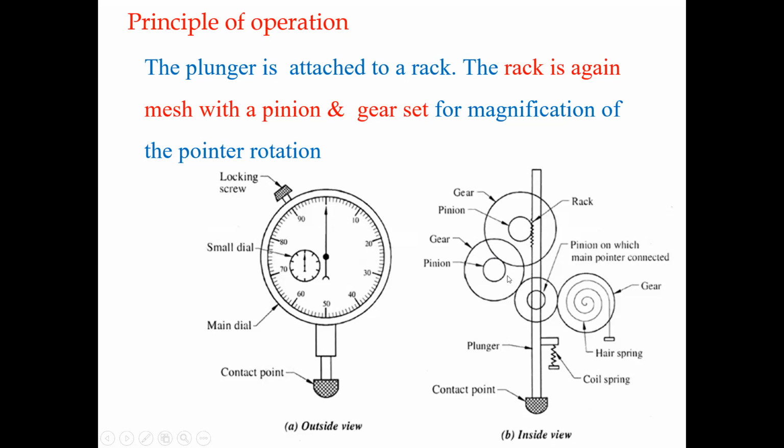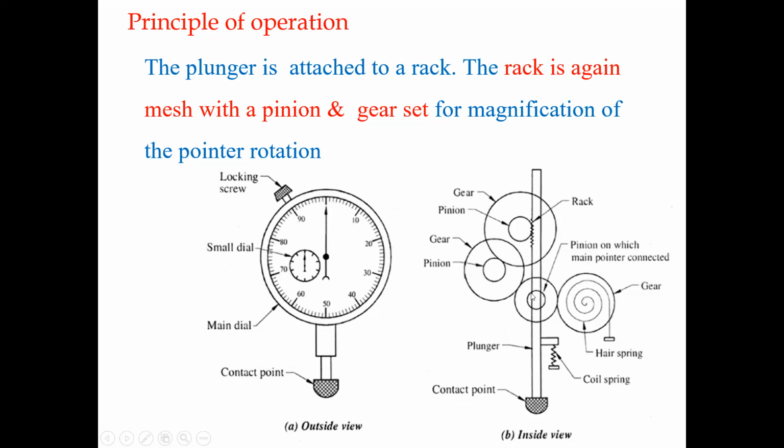When the pinion is rotating in the clockwise direction like this, this gear and the pinion are mounted on the same shaft. Therefore, this gear also rotates in the clockwise direction. If you observe this larger gear, it is rotating in the clockwise direction and is meshed with this larger gear.